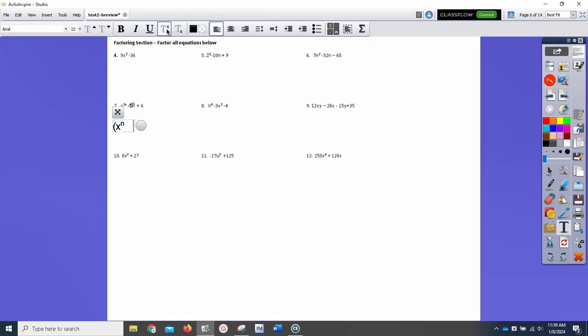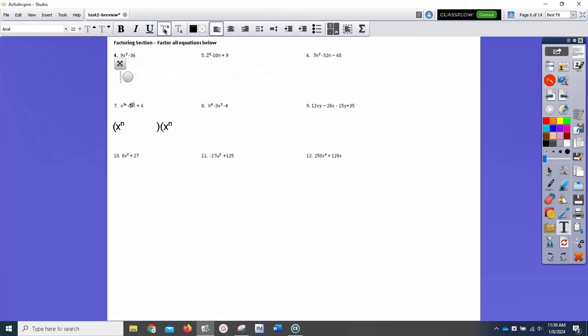I'll explain that in just a minute. Why does that work? Because x to the n times x to the n is x to the 2n, because we add exponents when we multiply.